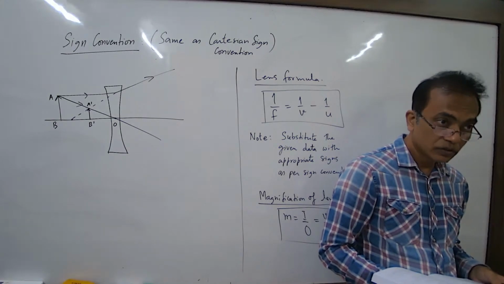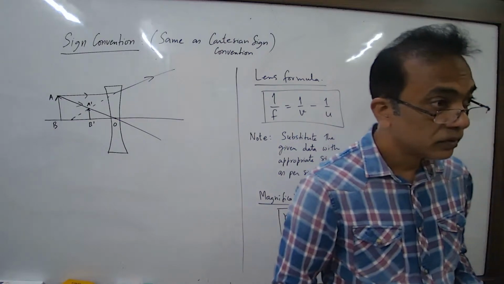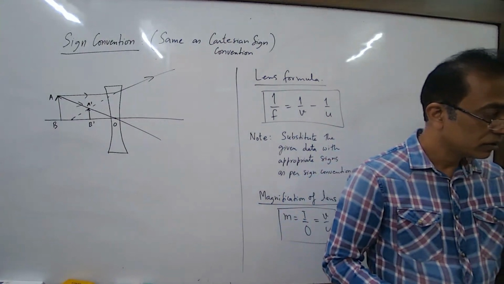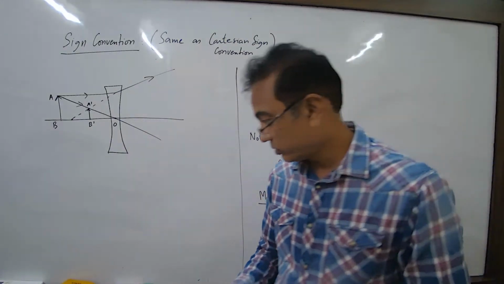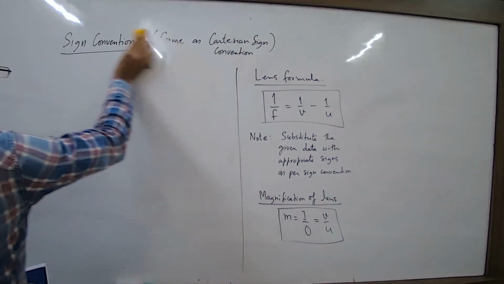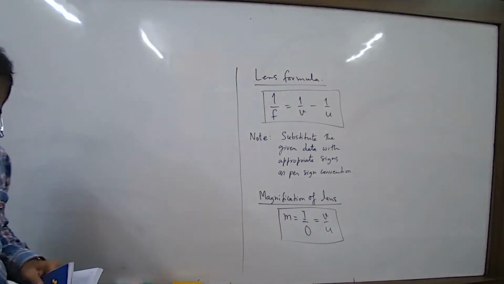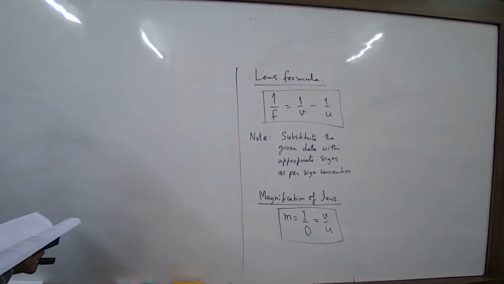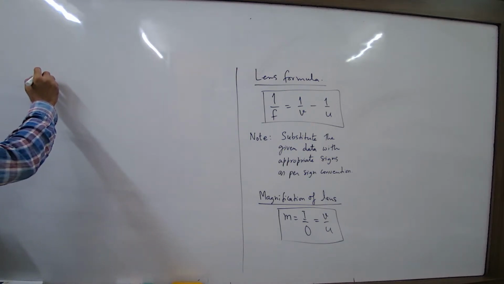Is it understood? Question number 12. Whose turn is it? Your turn, I think. Let's do this numerical. In a numerical, we have to write the given data first. So what are the given data? The candle length is the object size.